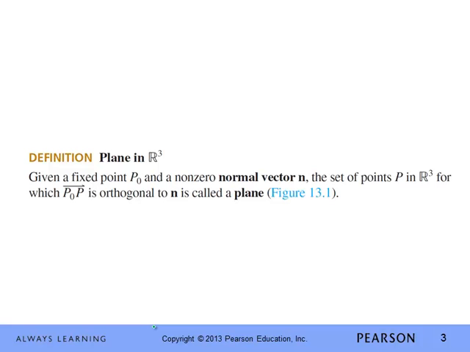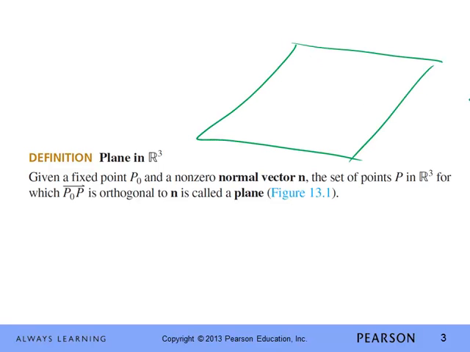What do we mean by a normal vector? Well, basically a vector that is orthogonal to any vector that lies in the plane. So imagine that you have this plane here, a section of the plane. Here is our normal vector, and of course any vector that is parallel with our normal vector is also going to be a normal vector.